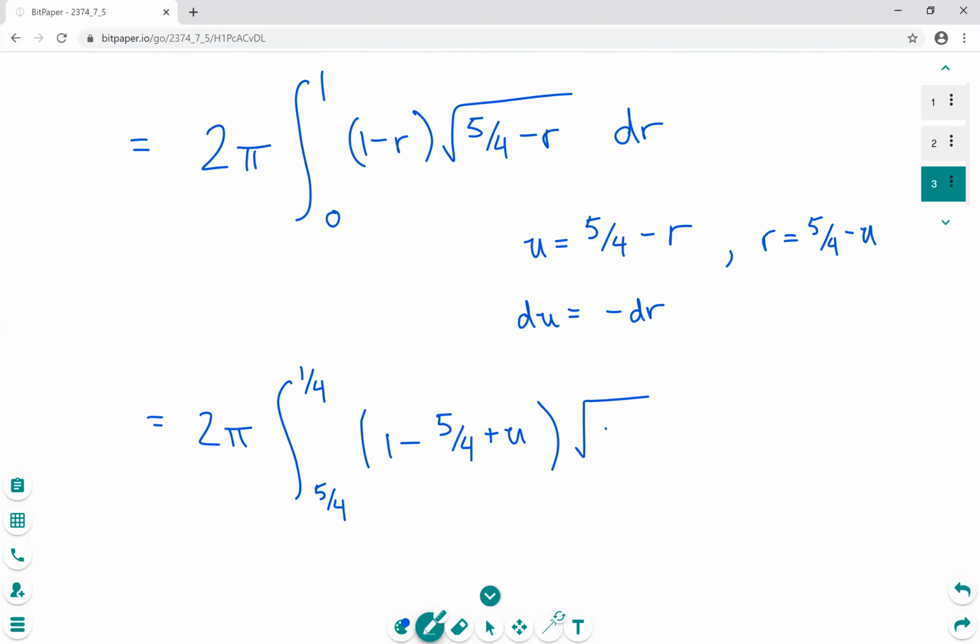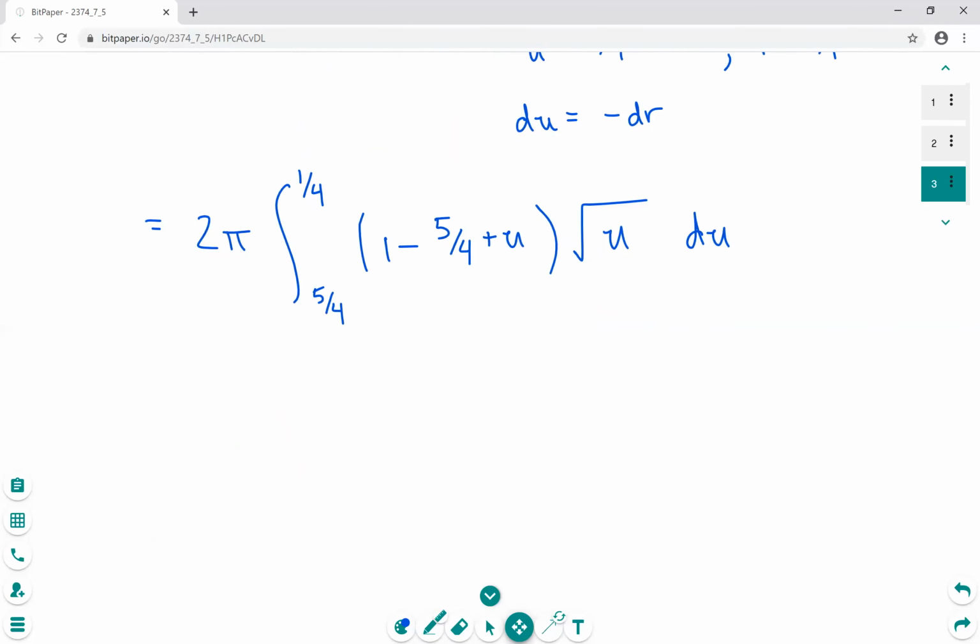And now we just have square root u here, so this is why it's helpful to make this substitution. So this is 2 pi. We get a negative, right? We're going from 5/4 to 1/4, which is the opposite of what intuitively we would go from. So we can switch the bounds here if we multiply by a -1.